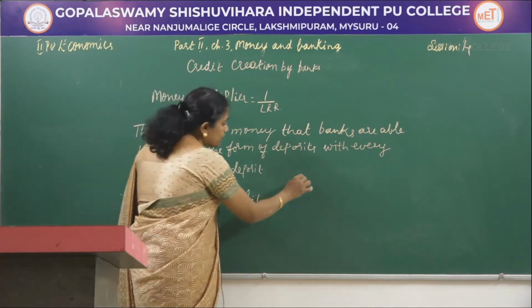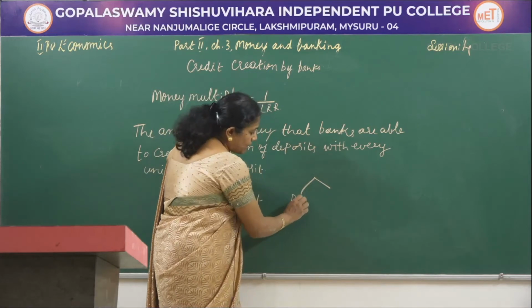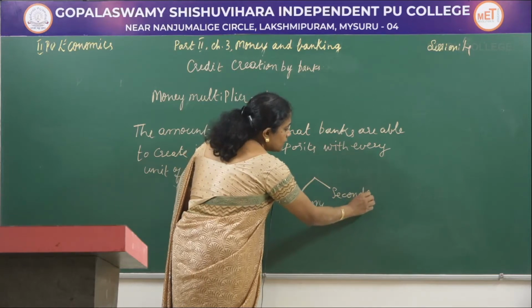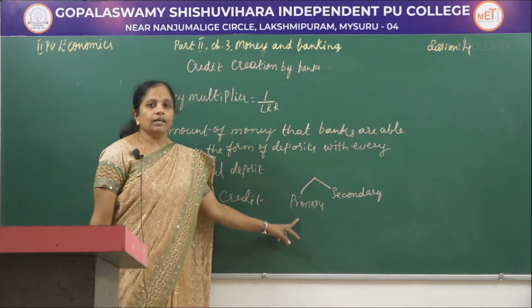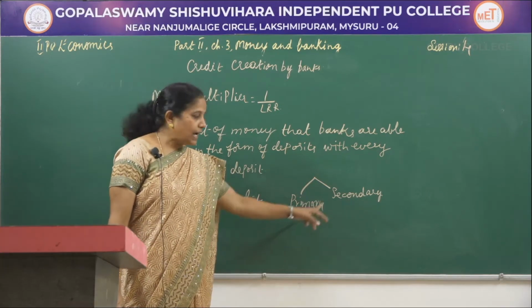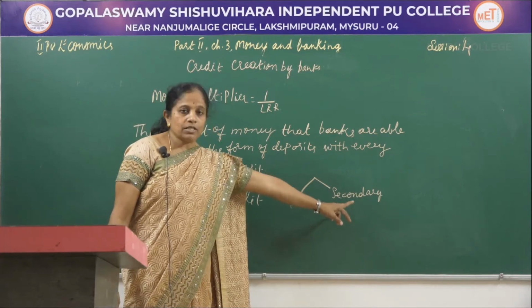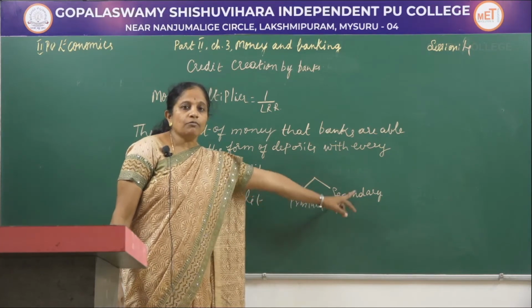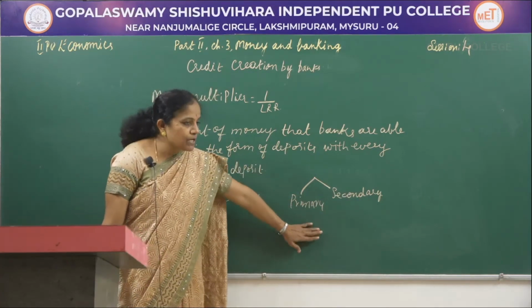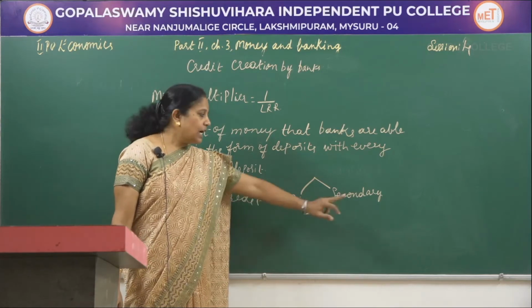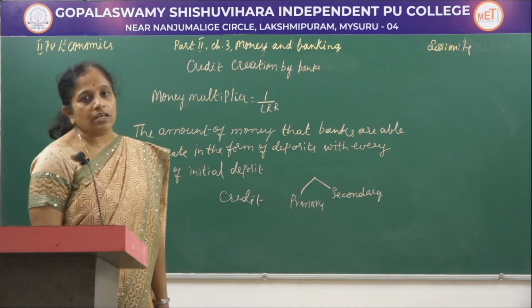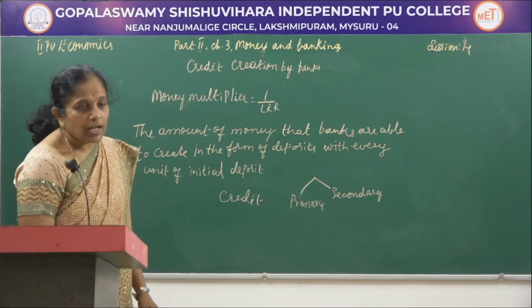The primary deposit is the initial amount that a bank gets as a deposit, and the secondary deposits are the deposits created out of the loans that are given from the initial deposit. So, the initial deposits are called primary deposits, and the secondary deposits are generated out of the loans given to the public from the initial deposit.